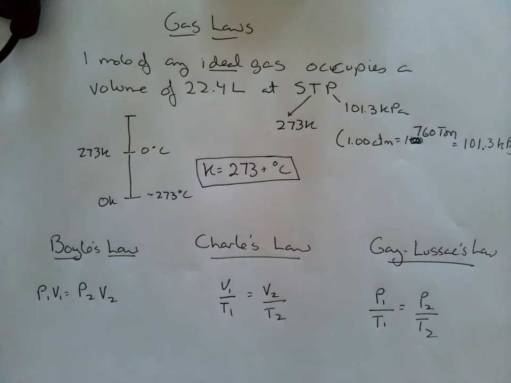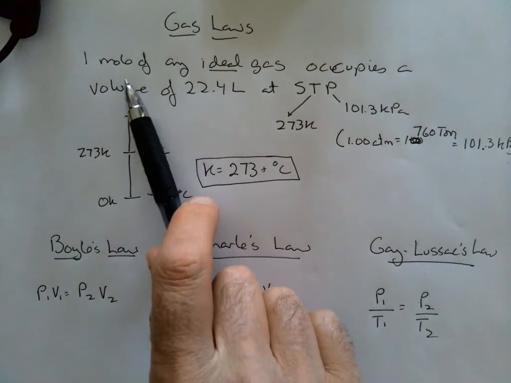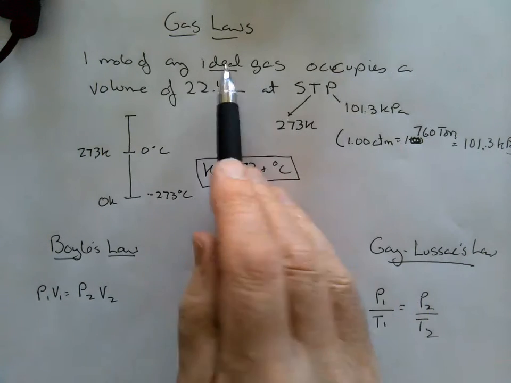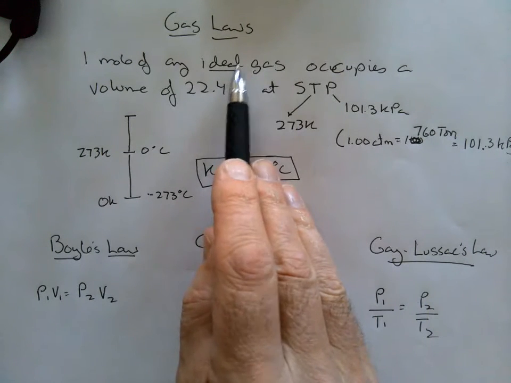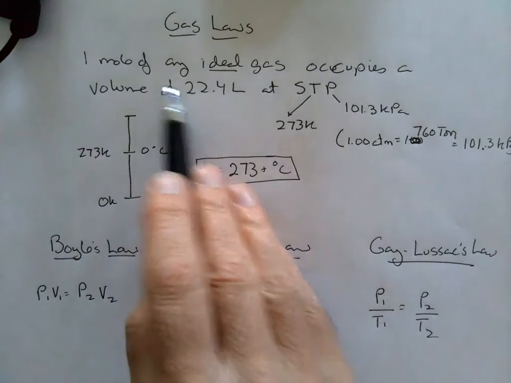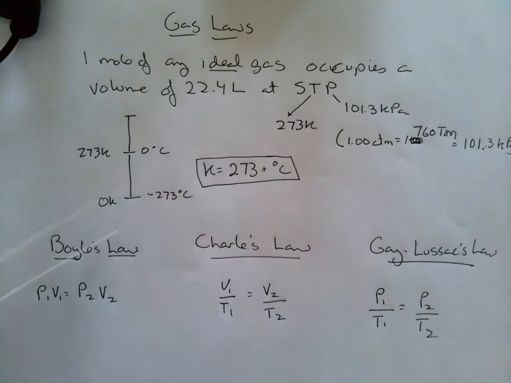One of the most important laws you can know is that 1 mole of any ideal gas, now ideal gas means it's just following the laws, occupies a volume of 22.4 liters at STP. So it doesn't matter what your gas is, whether it's a big gas or a small gas like helium.